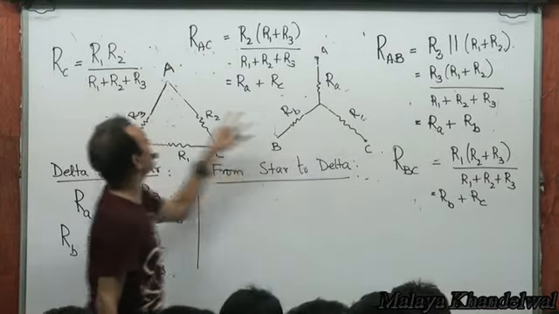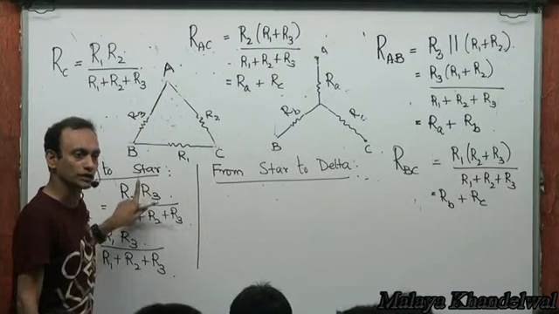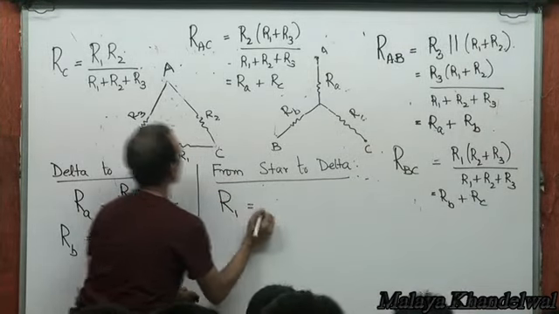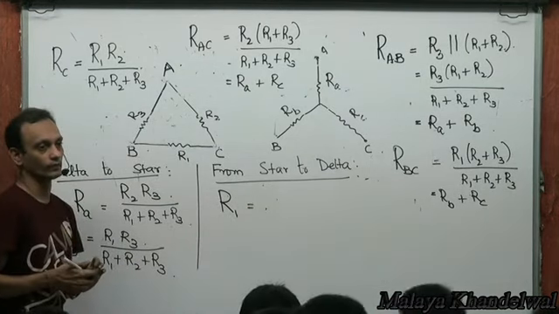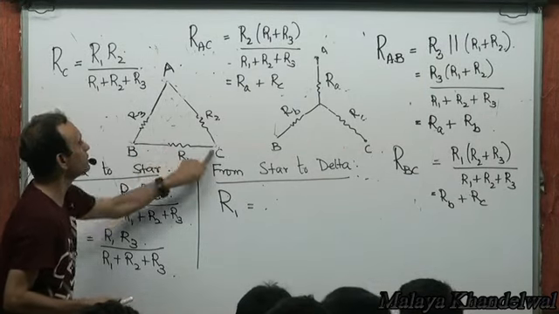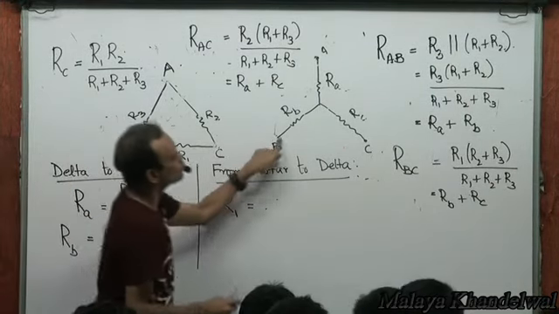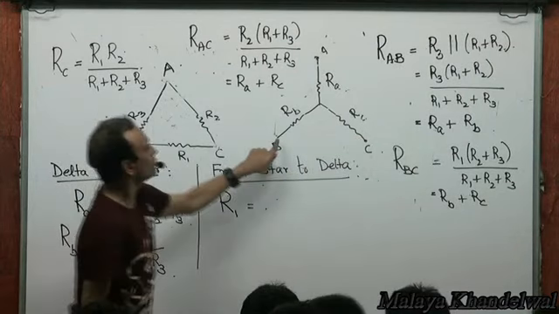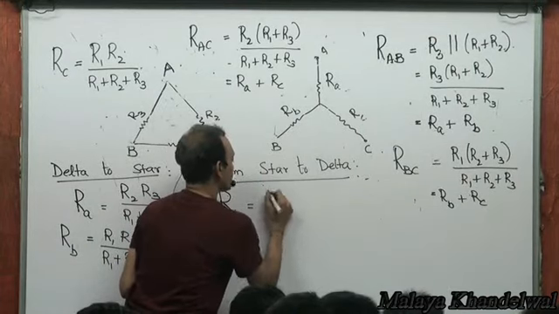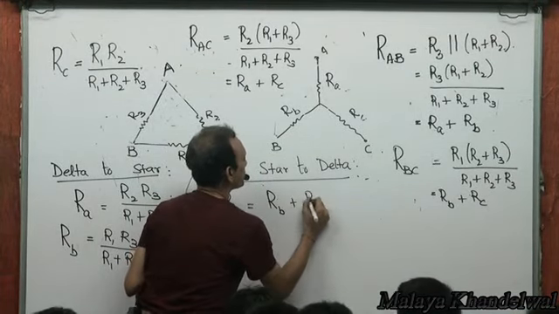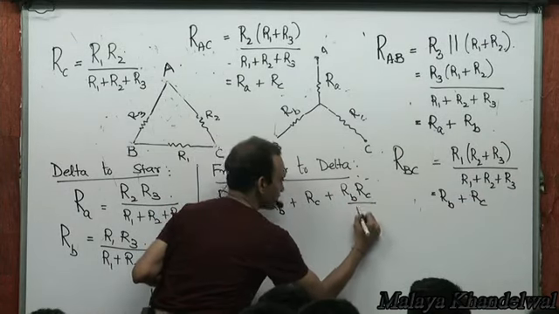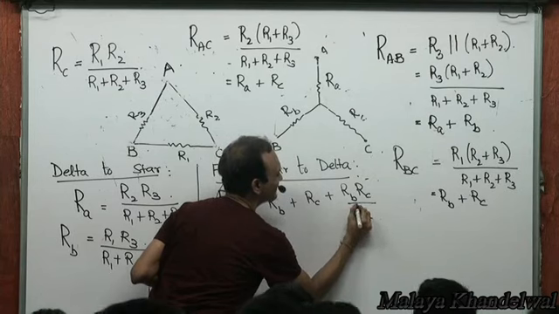That means given RA, RB, RC, find R1, R2, R3, right? So R1, for example, R1 is like between B and C. You go to B and C here, from where RB and RC emerge. So R1 will turn out to be RB plus RC plus RB RC, and somewhere RA also has to be there, so RA.